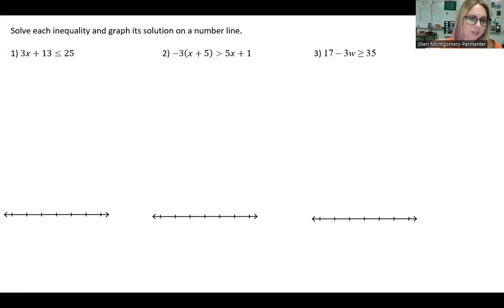So which one do I do first? We moved to 13, so I'm going to subtract 13. 25 minus 13. We can do some old school maths. 5 minus 3 is 2, 2 minus 1 is 1.